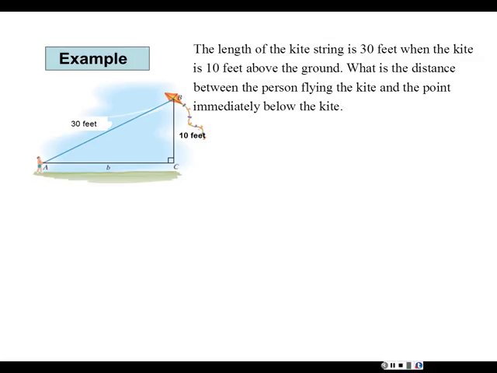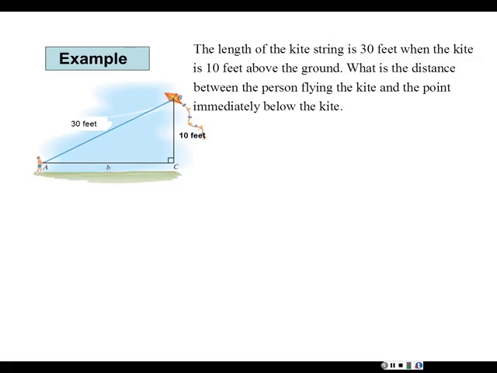So basically this is what you will have. 30 squared must be equal to 10 squared plus b squared, because 30 is your hypotenuse. So the hypotenuse squared equals the opposite and adjacent squared, but we don't know exactly which one is opposite and which one is adjacent at this point, because we are not considering anything as theta.